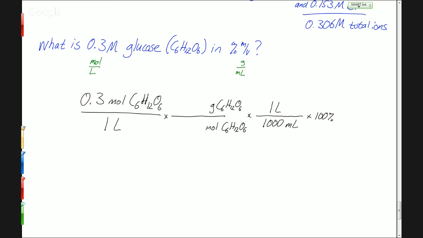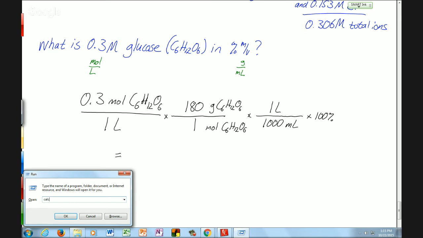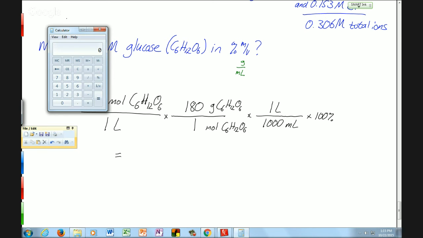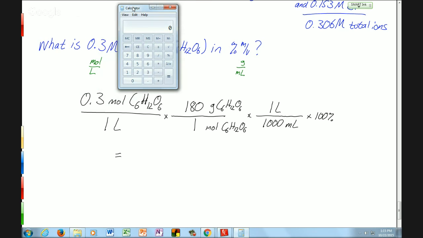So we need a molar mass for glucose. Anybody calculate that? 180? Sounds right. So when I calculate this, I get 0.3 times 180 divided by 1,000 times 100.